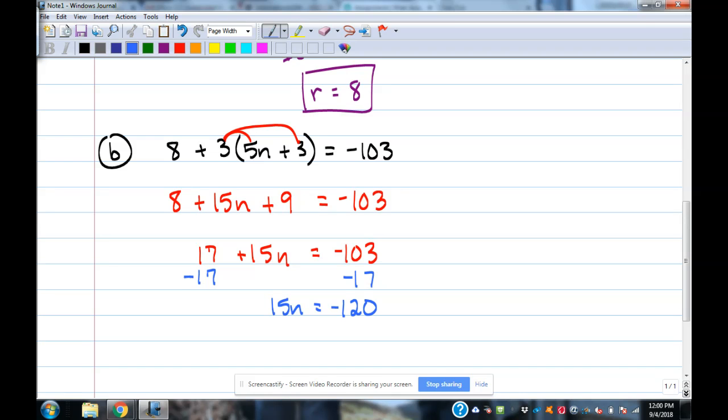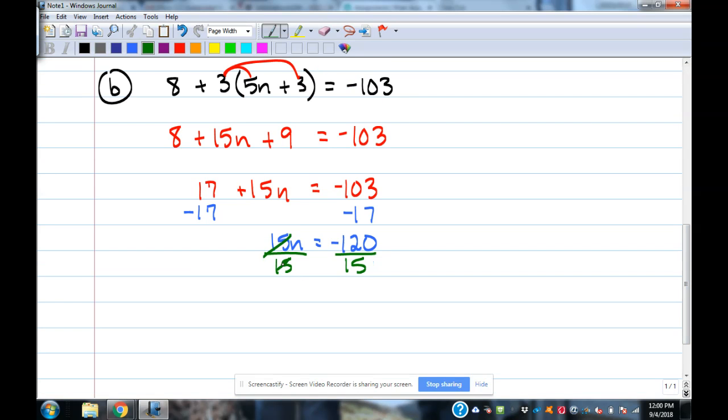They're both negative. Just add them up. Keep it negative. Last step. Divide. By what? 15. There's n by itself. How many times does 15 go into negative 120?